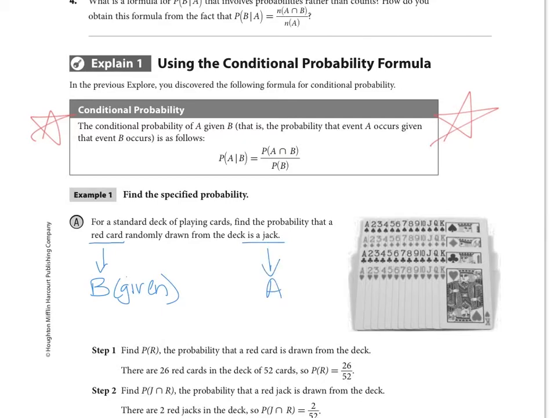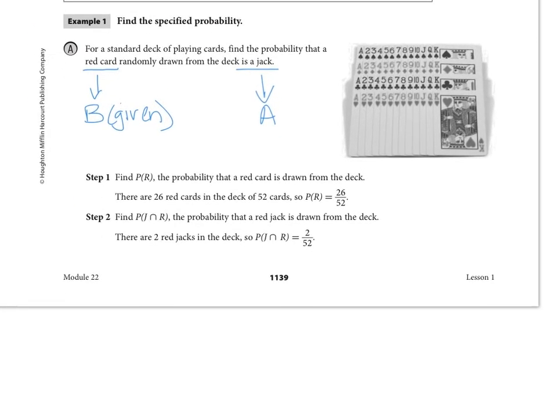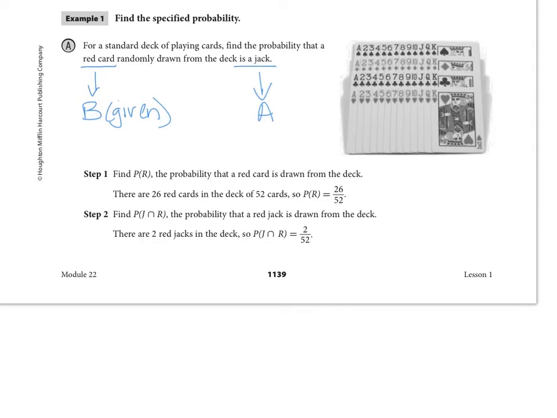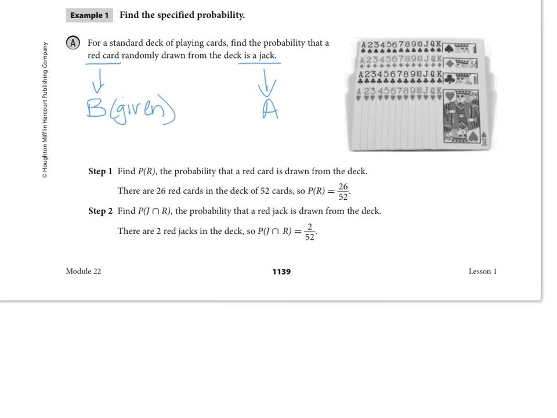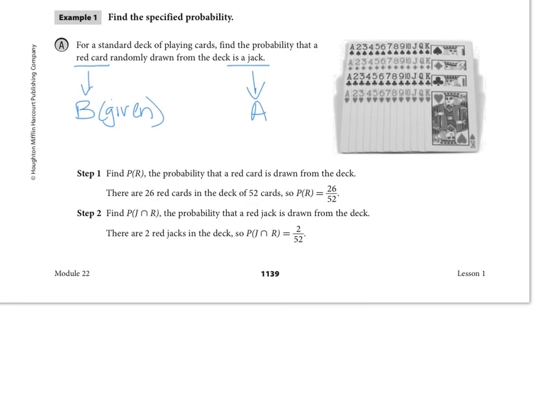So let's walk through this example. Step 1 says to find first of all the probability of R, in other words the probability that a red card is drawn from the deck. As you can see here, we've got a deck of cards, and you know that diamonds and hearts are our red suits, and that is 26 out of 52, or half of the deck.